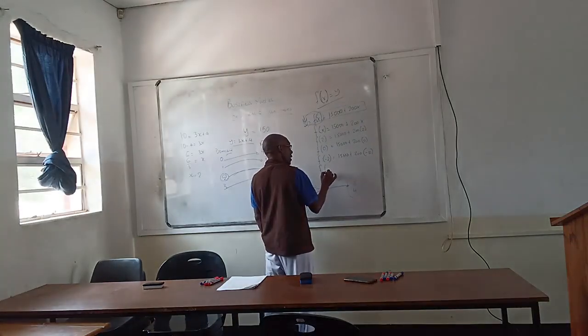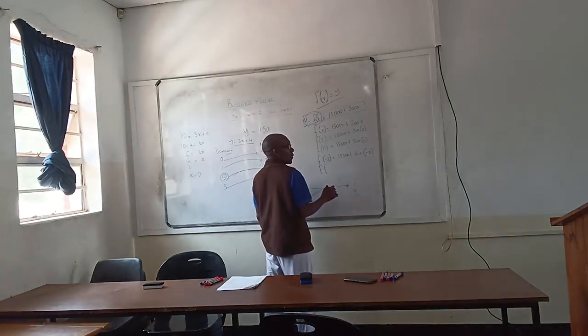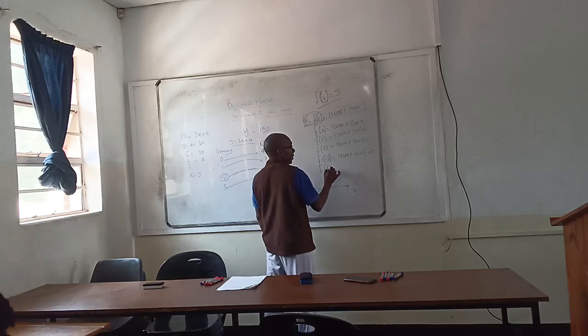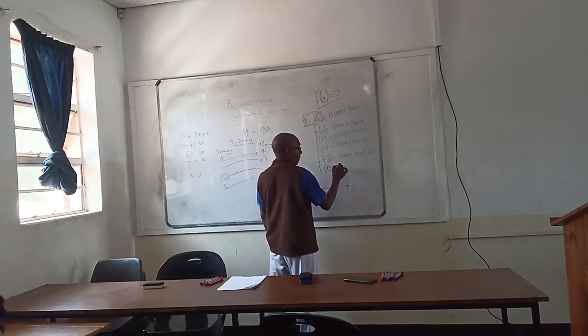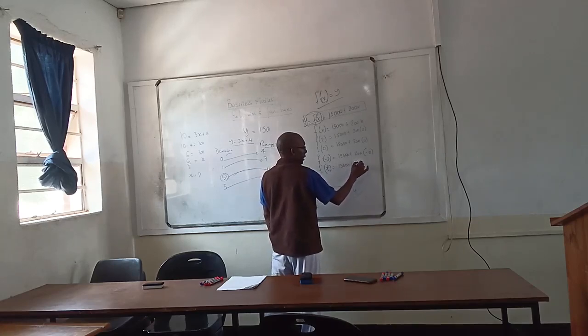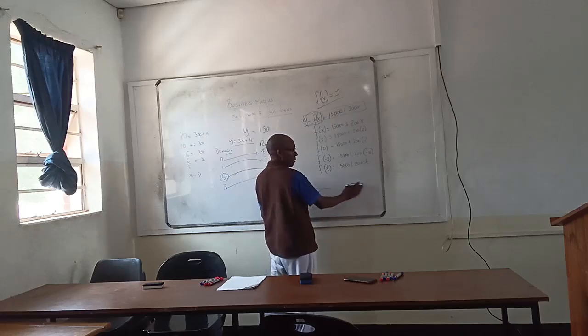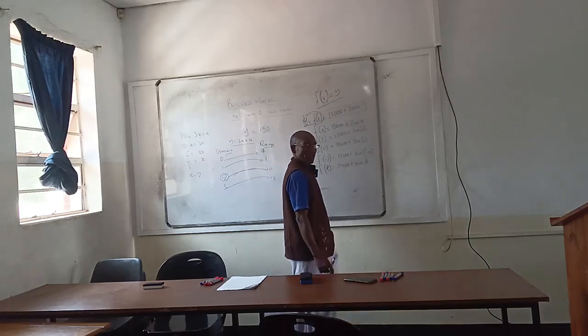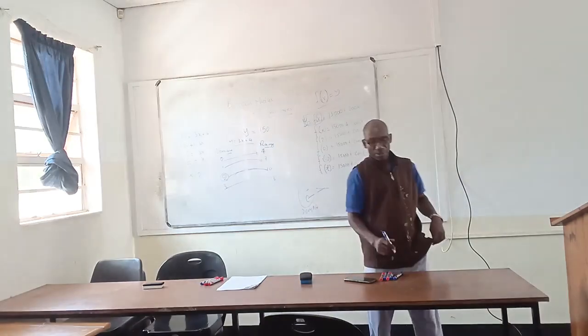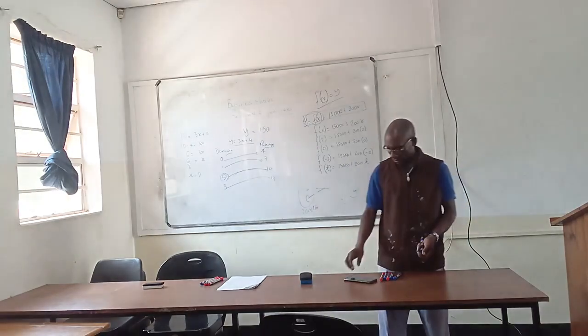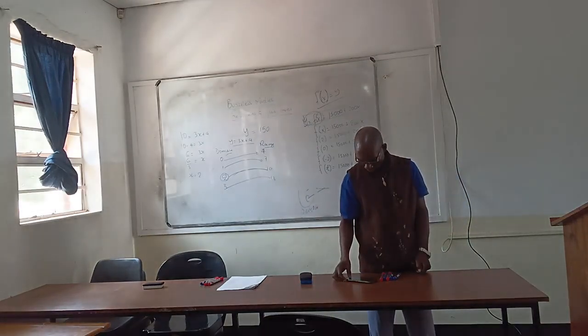f of t, what about f of t? It is equal to 1500 plus 200 times what? t. Right? It may come as a matter of multiple choice. We'll see it on multiple choice. All right?